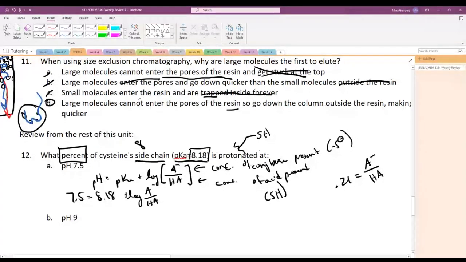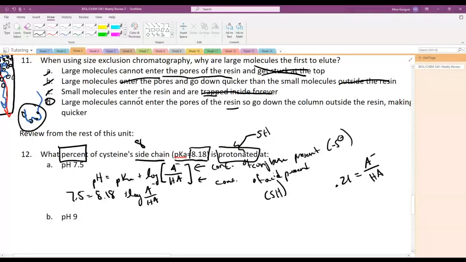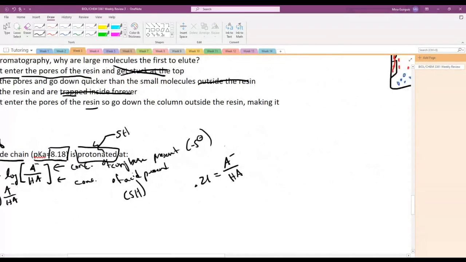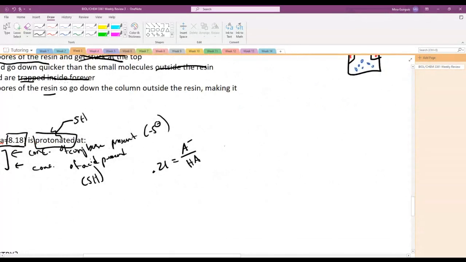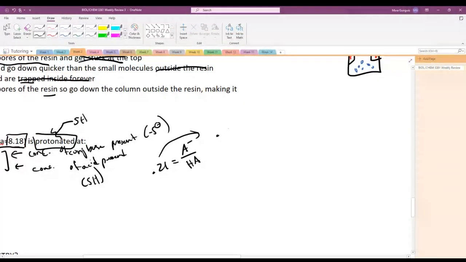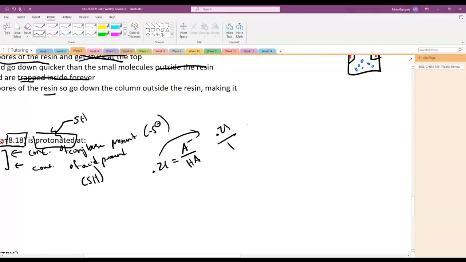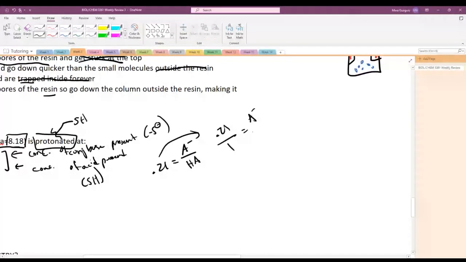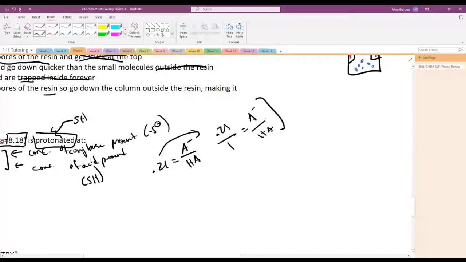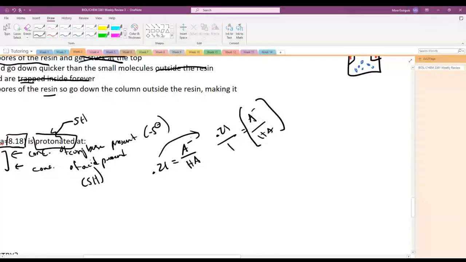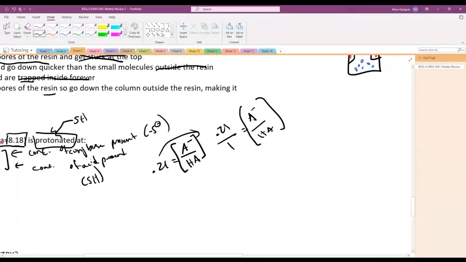Okay, so percent protonated. This is where a lot of people get confused, so I want to do my best to explain this as slowly and carefully as I can. What we're going to do is say 0.21 is the same as 0.21 over 1. Okay, and that's equal to [A minus] over [HA]. And these should still be in brackets. I apologize for dropping those brackets. Okay, that's easy, right? We're just dividing by 1. That doesn't mean anything.